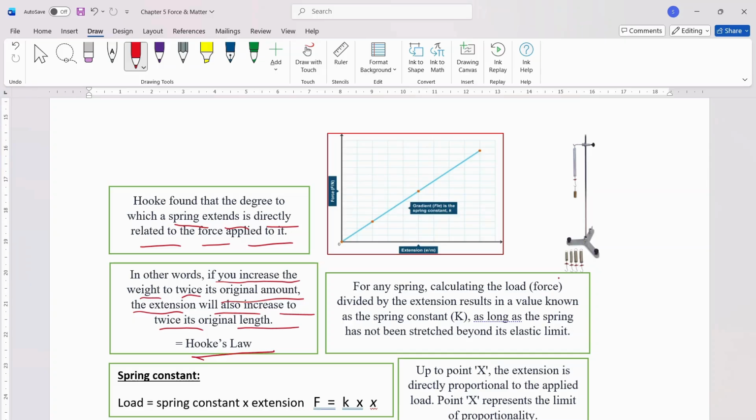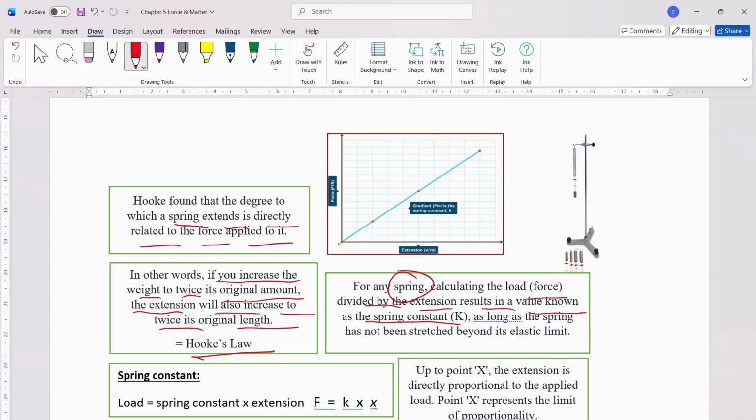This is called Hooke's law, and it is applicable to springs. For any spring, calculating the load, the force divided by the extension results in a value known as the spring constant K.